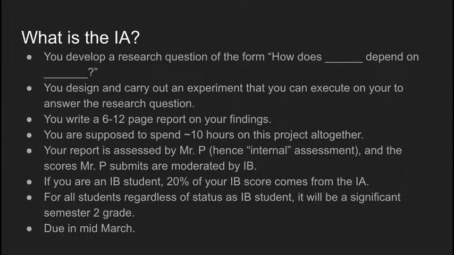So they moderate it and they see whether I grade too easily or too harshly, and they apply a correction based on that. If you're an IB student, 20% of your IB score comes from the IA. The remaining 80% comes from the exam that you sit for at the end of the year. But this year being a unique year, I'm going to say something about that in the Zoom room.